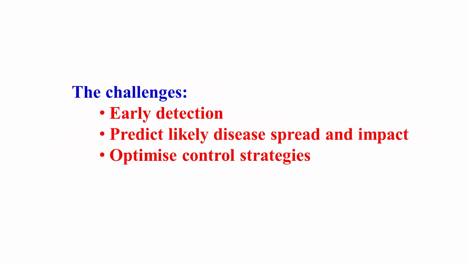So what are the challenges? Early detection. If a disease has spread very far before you realize it's present, then it's going to be a lot harder to control. So one wants to predict, first of all have a method for early detection. Secondly, to predict the likely disease spread and the impact.